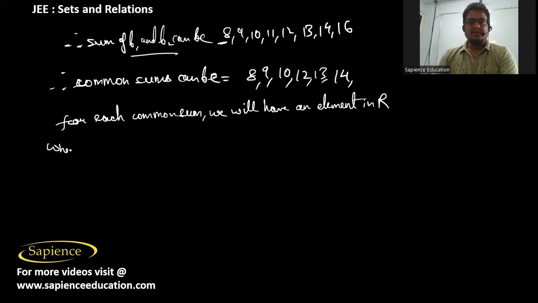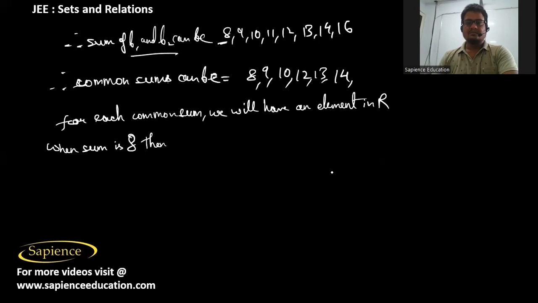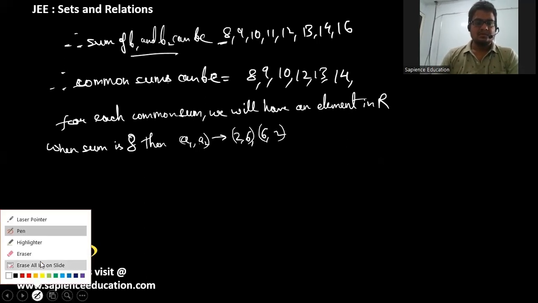When the sum is 8, then (a1, a2) can be 2 plus 6 and 6 plus 2. Then (a1, a2) can be (2, 6) and (6, 2).